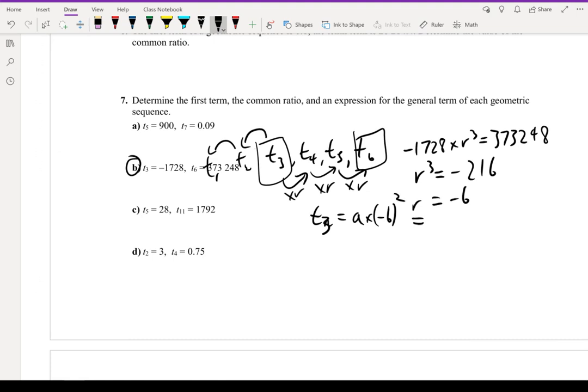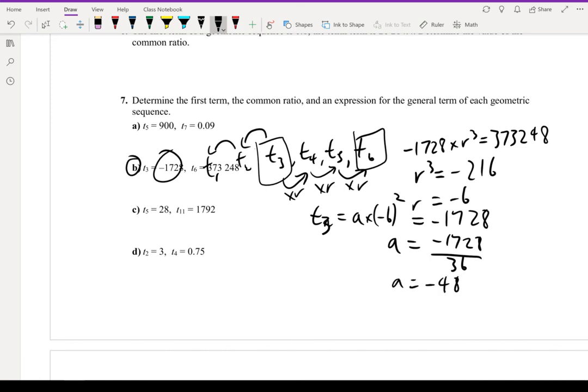And T3 is equal to negative 1728. Okay, I'm just substituting this into our formula to find A, essentially. So A is equal to negative 1728 divided by 36. So put that into your calculators. 1728 divided by 36. You would get A is equal to negative 48.